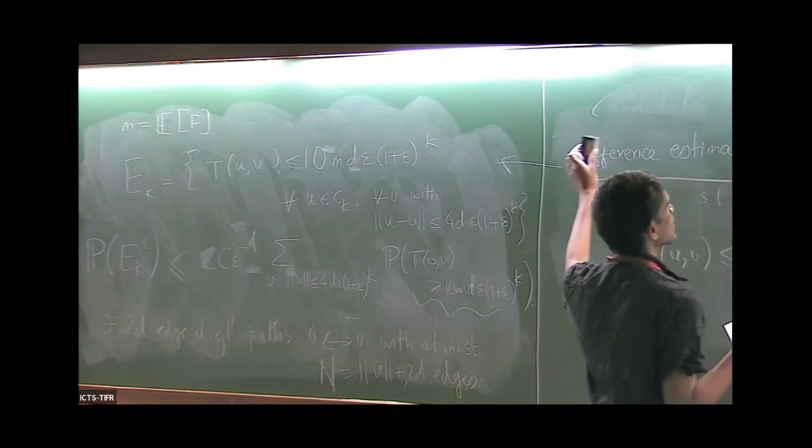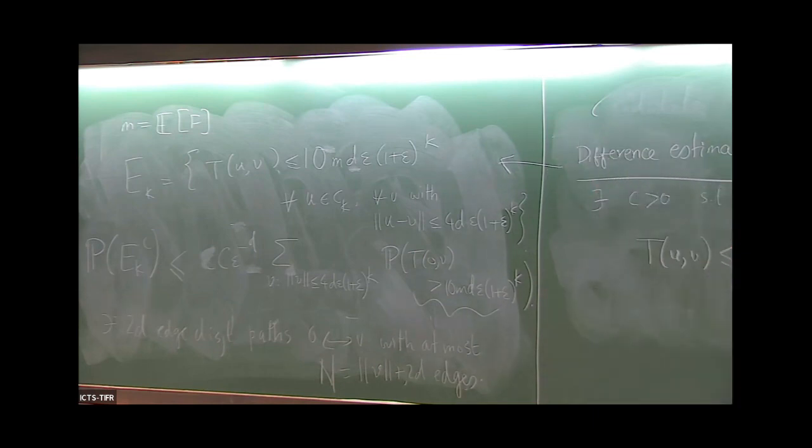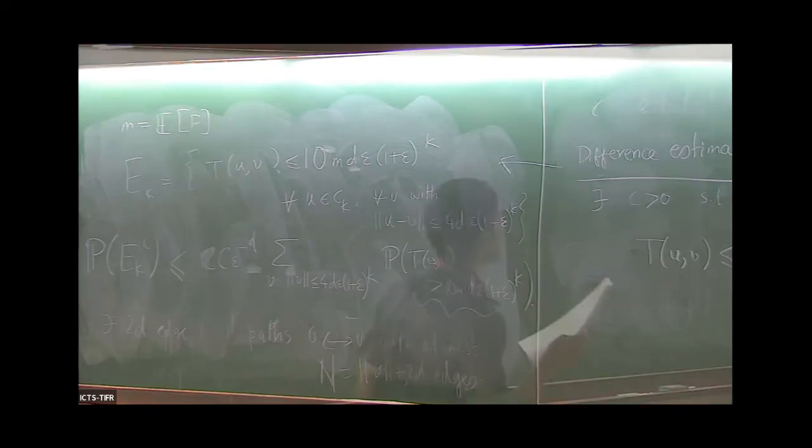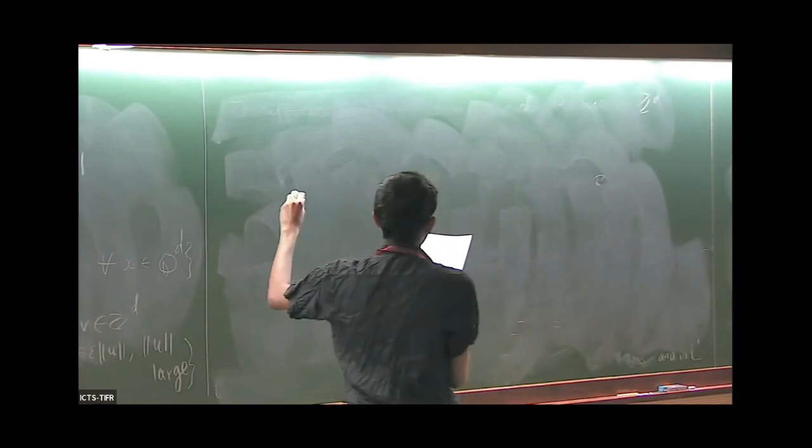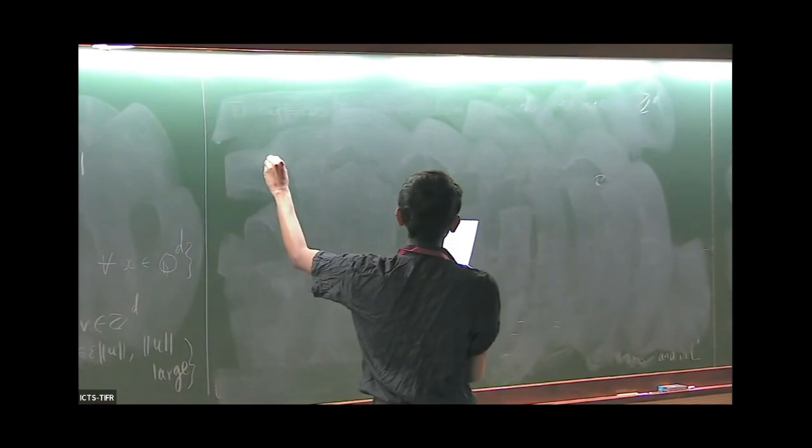So the probability that any such path violates the condition, that is, any such path has length bigger than 10 M d times epsilon times 1 plus epsilon to the k, is upper bounded by the Chebyshev inequality.